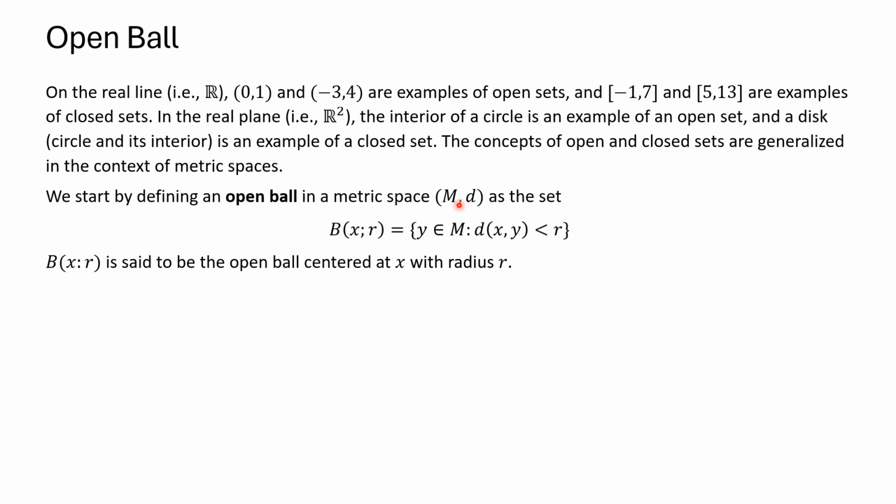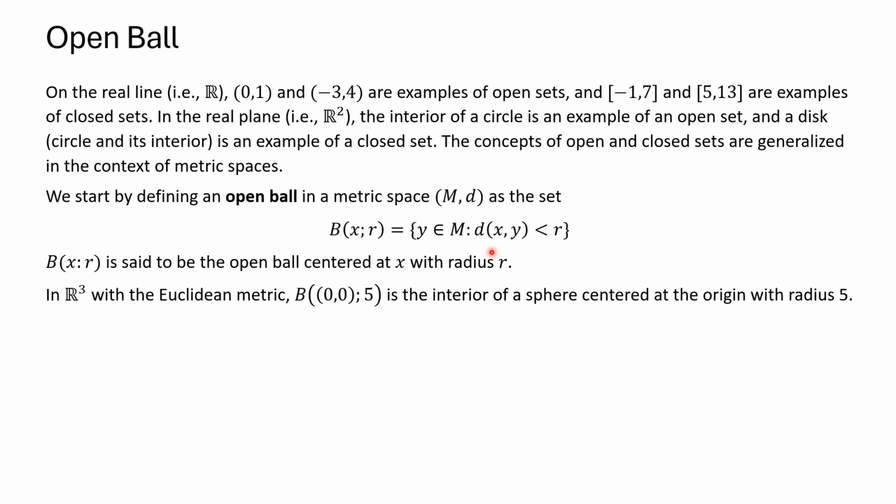You take a point X and a radius R, and the open ball is all points in your metric space that are less than a distance R from your given point X. So X is the center of the open ball and R is the radius.